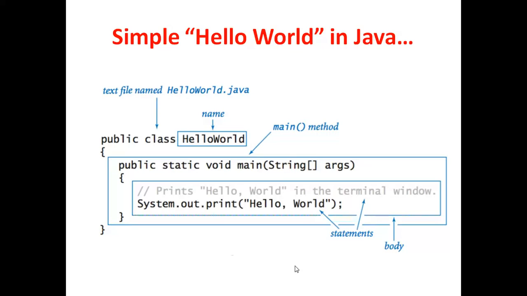Afterwards, the class contains the main function in it, that is public static void main String args, and in that we write System.out.print, Hello World in double inverted commas, closed by a semicolon.